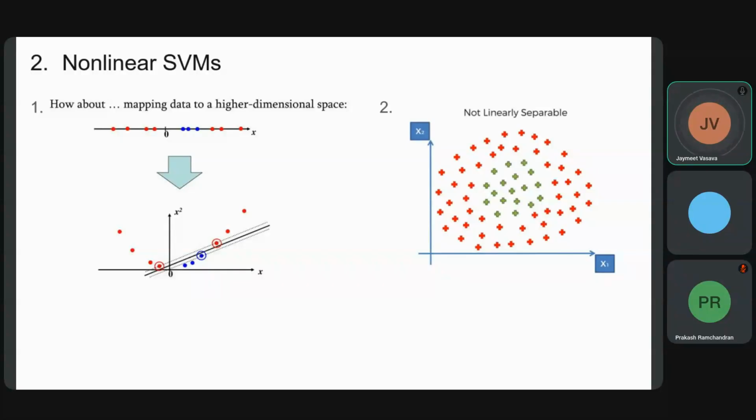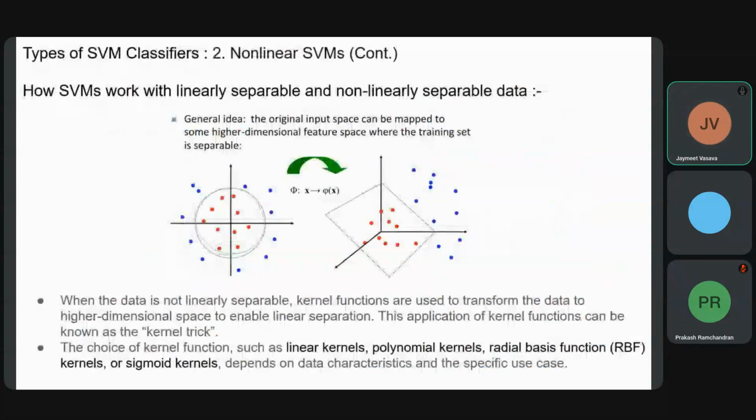So that is how SVMs work with non-linear data. Now, in the second case, the data has been mapped on a 2D space. When we transform the data into 3D space, our hyperplane is going to be a 2D plane, or a plane basically.